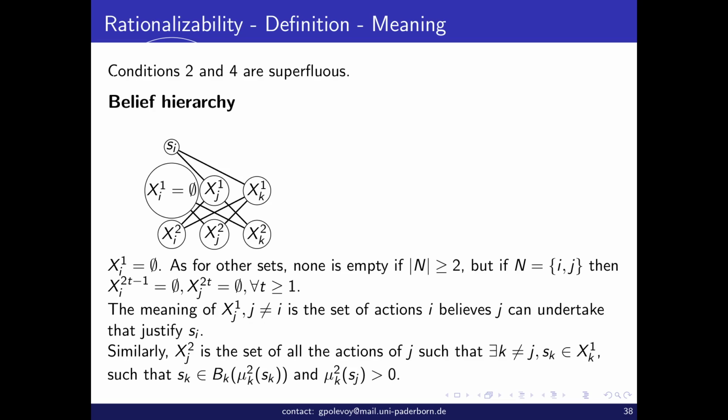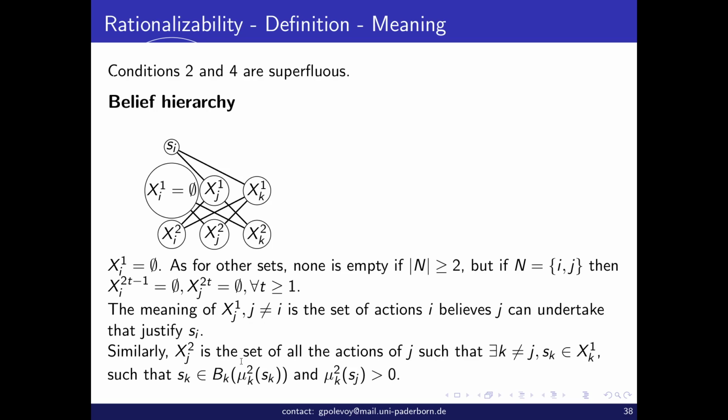So the meaning of x_1,j for j's other than I is a set of actions that I believe j can undertake, which I needs to justify her action s_i.